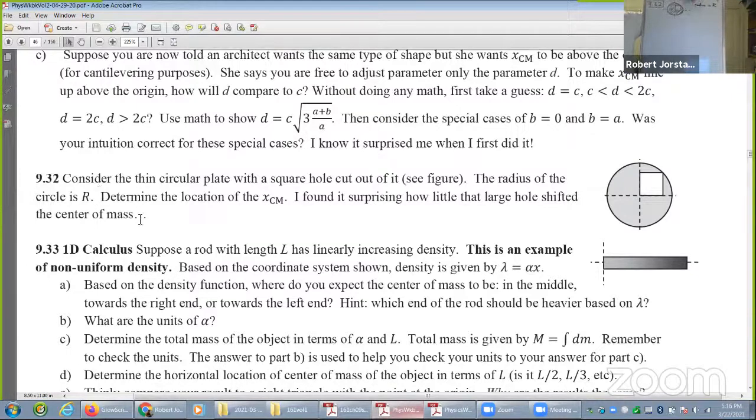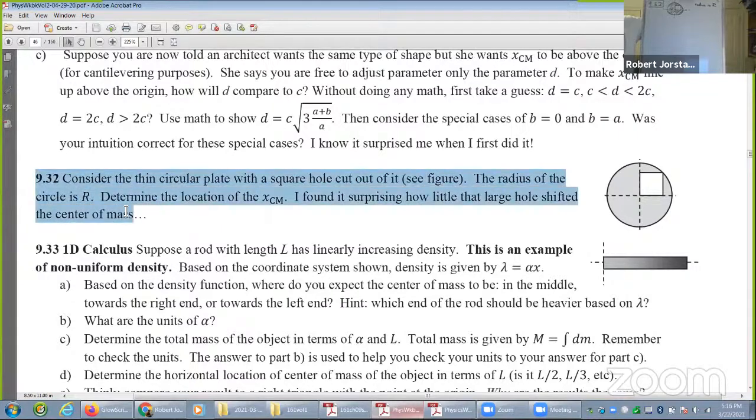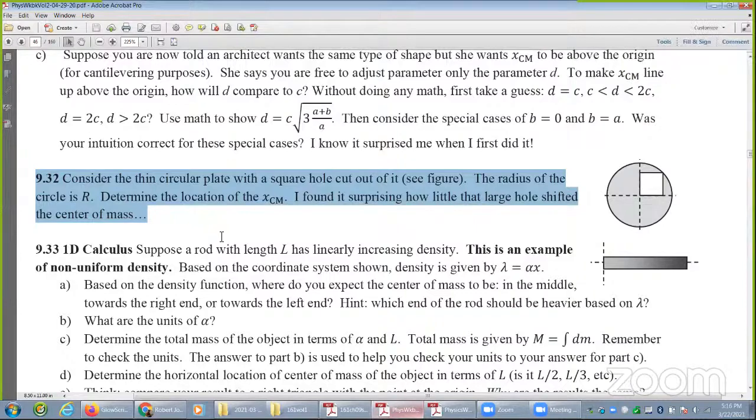Based off the problem statement, is this a uniform mass or a non-uniform mass? What do you think? Uniform. The default is we are going to assume it is uniform unless the problem specifically tells us otherwise. That's a good guess, right?